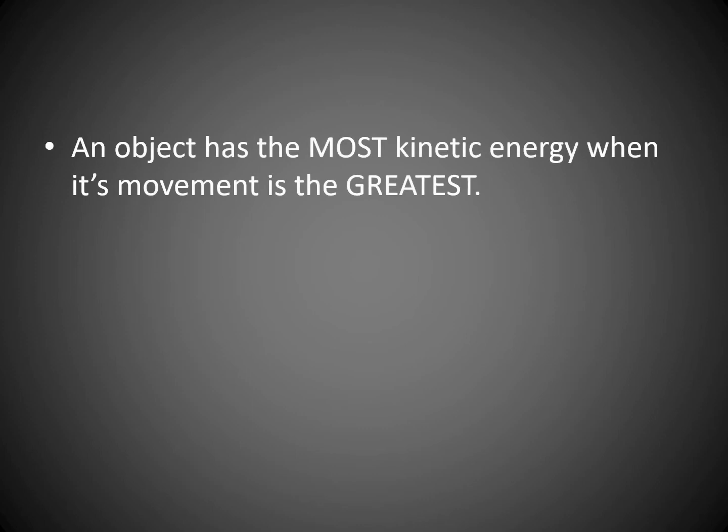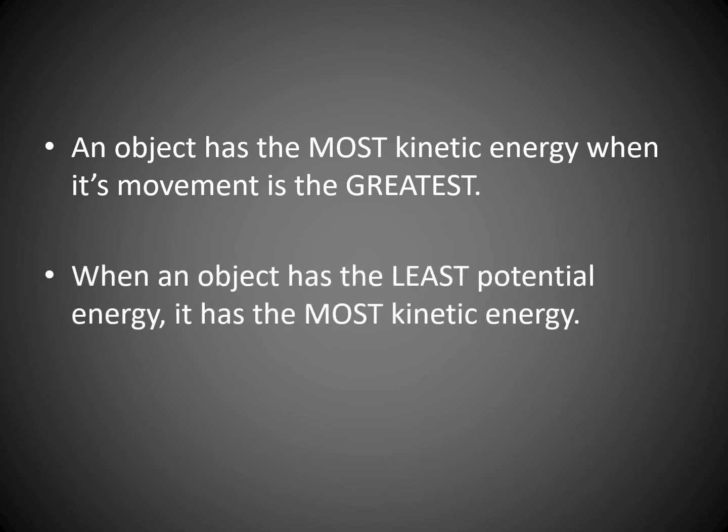An object has the most kinetic energy when its movement is the greatest. When an object has the least potential energy, it has the most kinetic. Remember, we said it's kind of like a seesaw. When one's high, the other one's low. So when one person's up in the air, the other one's down at the bottom on the seesaw. So this is the same scenario. When the potential energy is high, the kinetic energy is low.